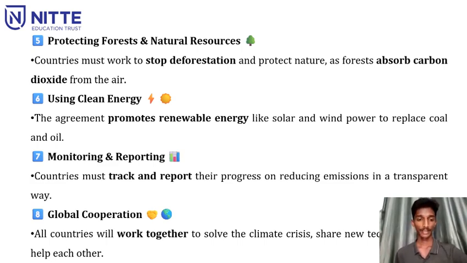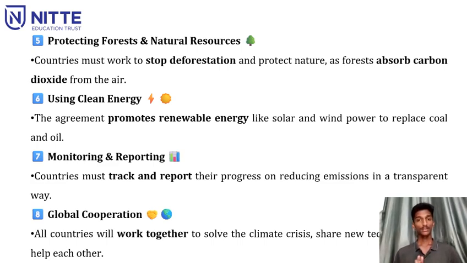Monitoring and reporting. Countries must track and report their progress on reducing emissions in a transparent way. Many countries, as I said, are coming up with action plans which are being implemented.